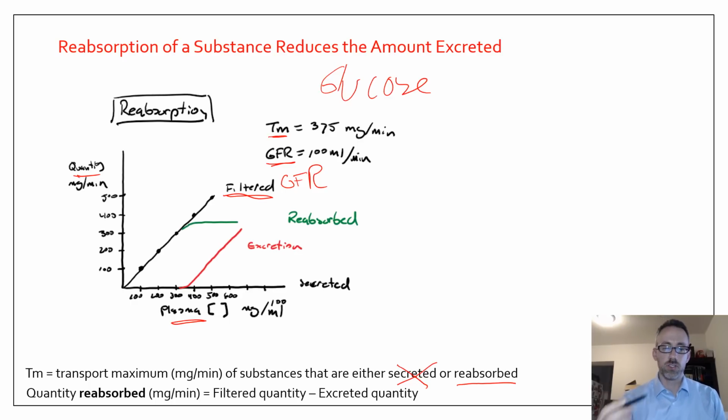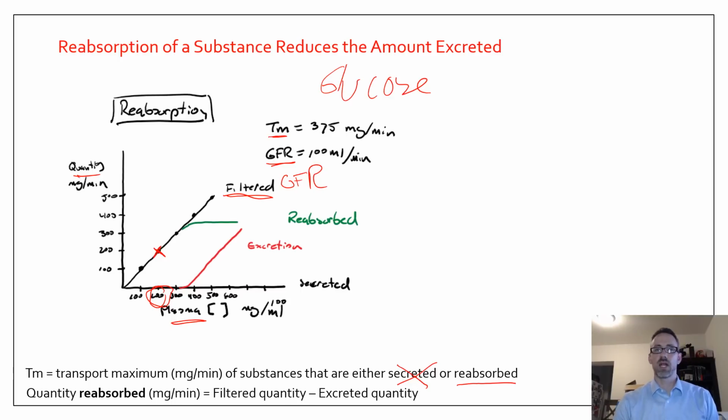Let's say I filter glucose in, and my plasma concentration, we'll use this number here, which is 200. Let's say my plasma concentration of glucose is 200 milligrams per 100 ml, and my GFR is 100. You can calculate the filtered quantity, and if you do that, you're going to end up right around here, which is 200 milligrams per minute being filtered in.